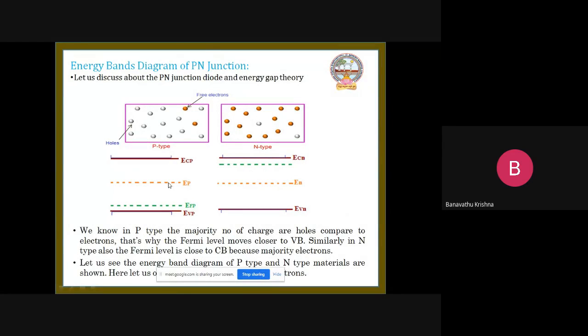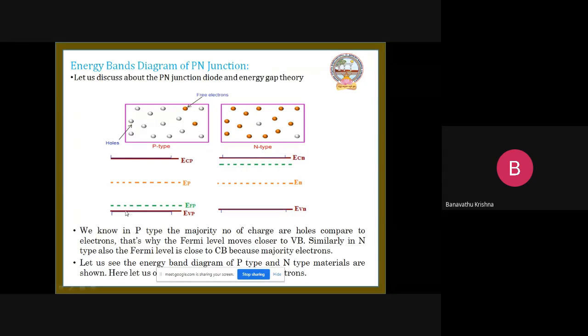See the energy gap for P type and the energy gap for N type. Here the majority charge carriers are holes, and here the majority charge carriers are electrons. When the electrons move from N type to P type, they leave positively charged ions behind, and the Fermi level of the N type material moves away from the conduction band.